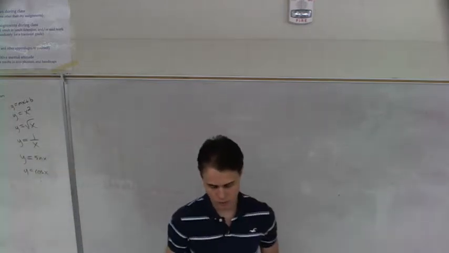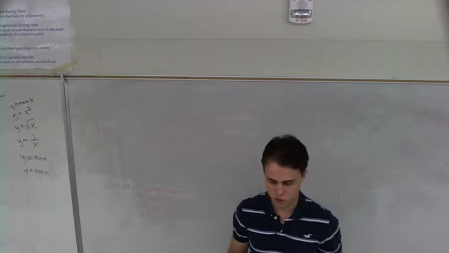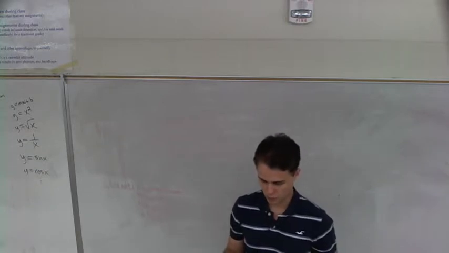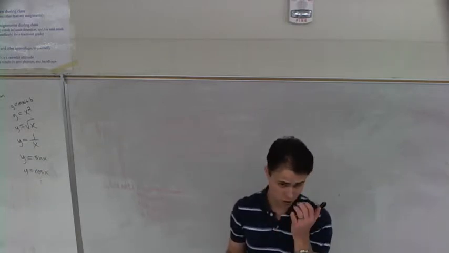Here's a new one that we're learning today. This one's a rarer one, but it might come up once in a while. This is called the greatest integer function. So we have not seen this before. So let's look at what the picture of this looks like. The book does not show you what the picture of this looks like yet.